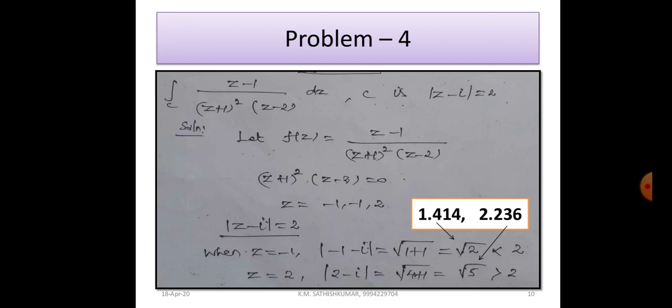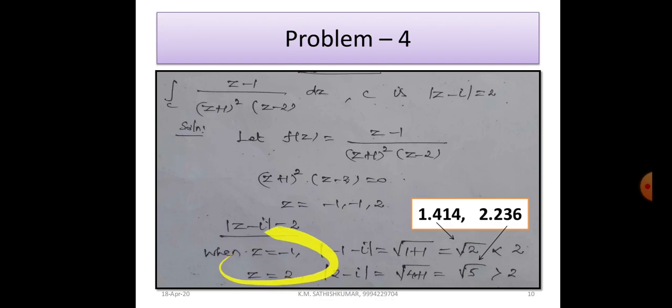When z is equal to minus 1, modulus of minus 1 minus I, by the definition of modulus, root of real square plus imaginary square, is root 2. Root 2 is 1.414, which is less than 2, so it lies inside the circle.